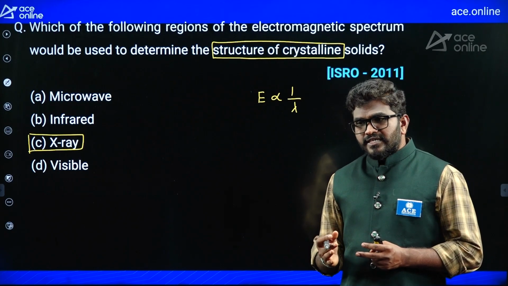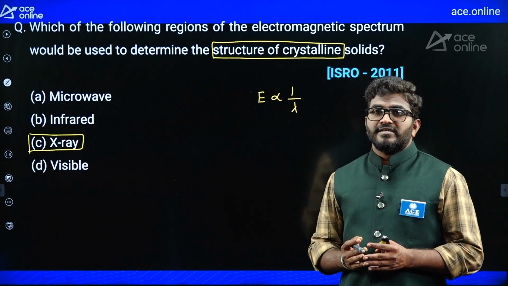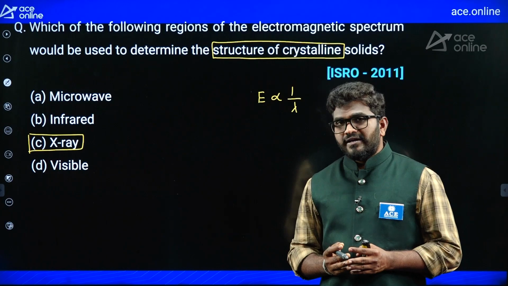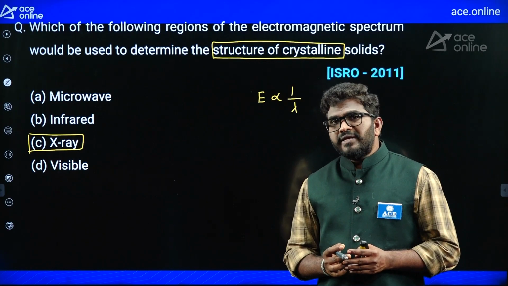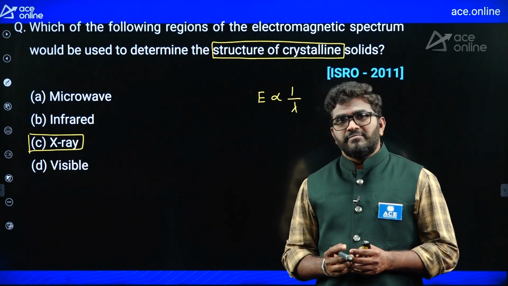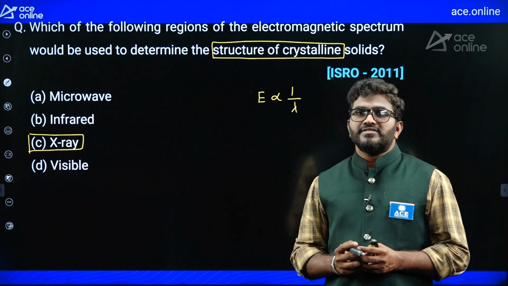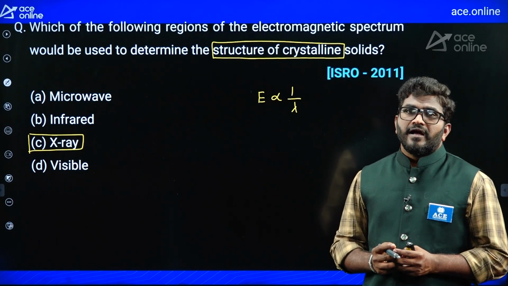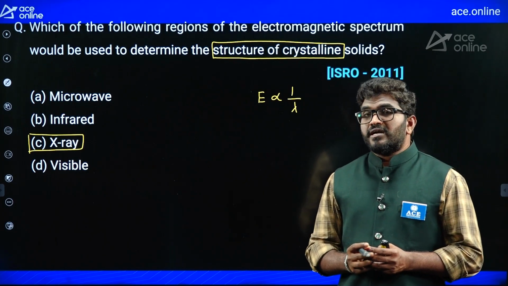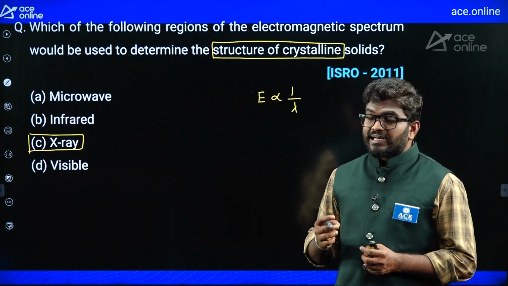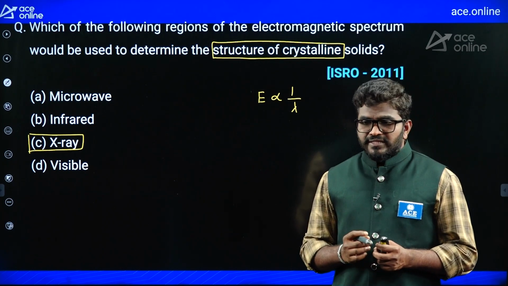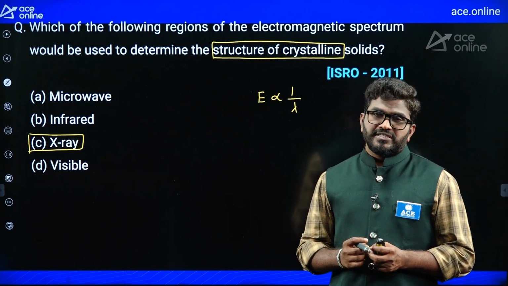Then let us consider the low wavelength rays, like alpha, beta, gamma rays. Remember, the alpha, beta, gamma rays have high energy but low penetration. They cannot travel more distance.